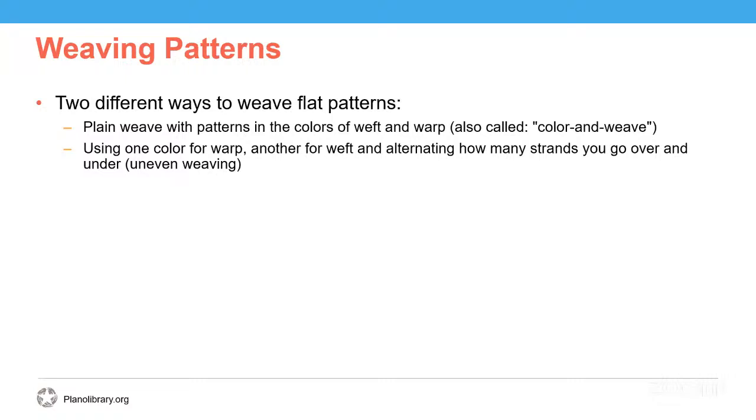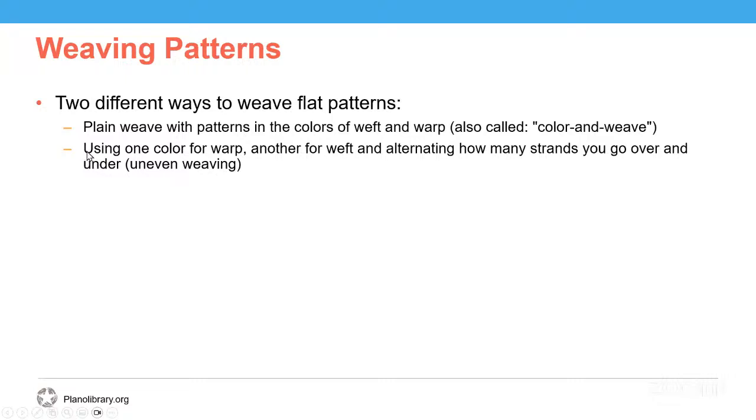It's that under, over, under, over, each strand being used just once, either under or over, and then moving on to the next strand. However, by utilizing different colors, we can actually create very interesting patterns. These patterns are also called color and weave if you choose to research after this. That's the search term that you would use.